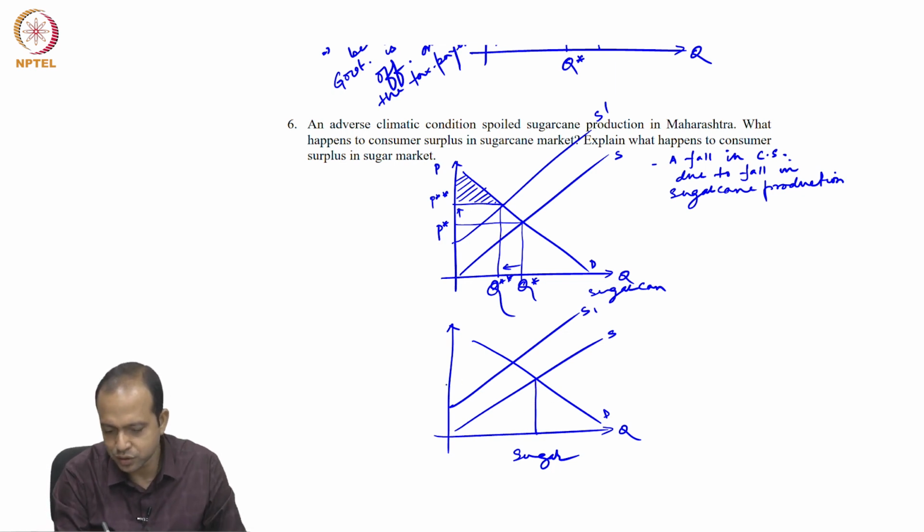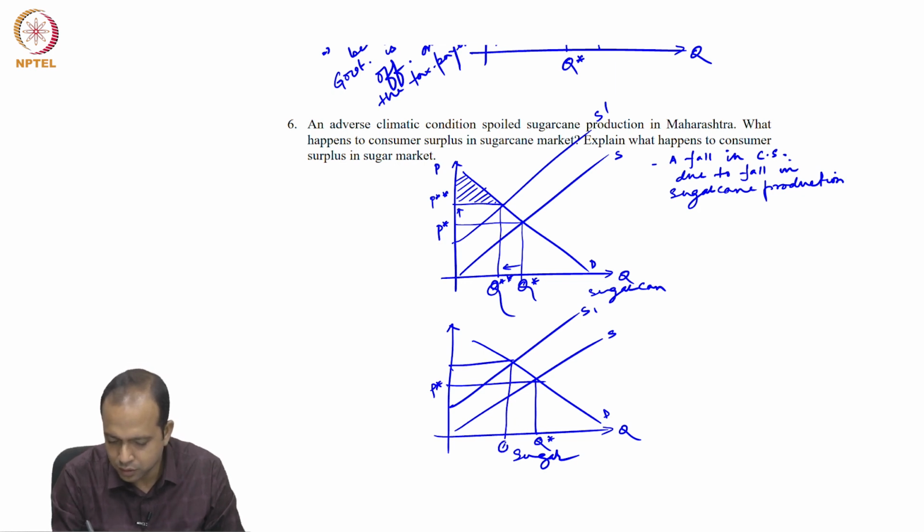Earlier this was the equilibrium quantity for sugar, this is the price, and then this is Q double star. The price is increasing for sugar as well, and consumer surplus is falling.